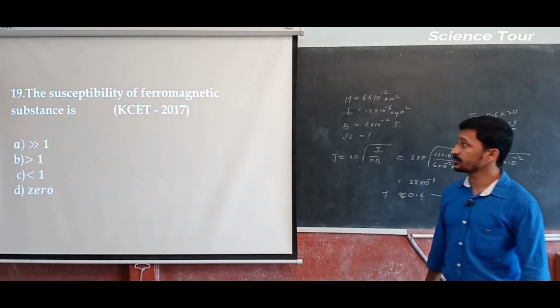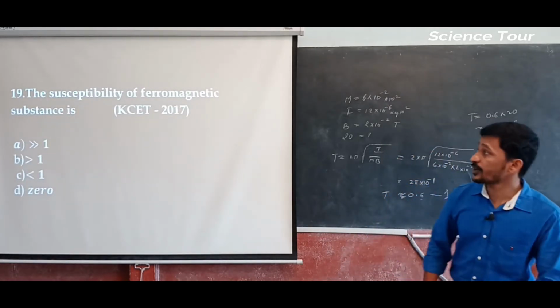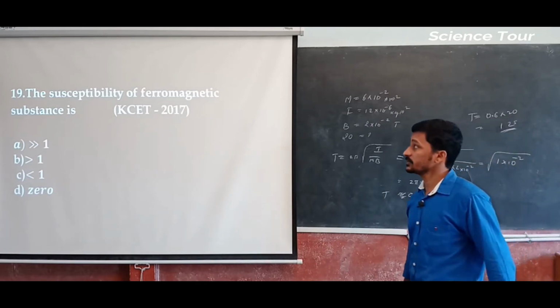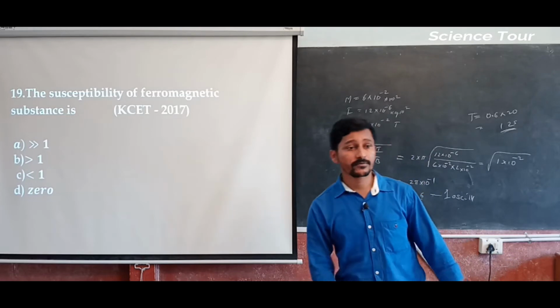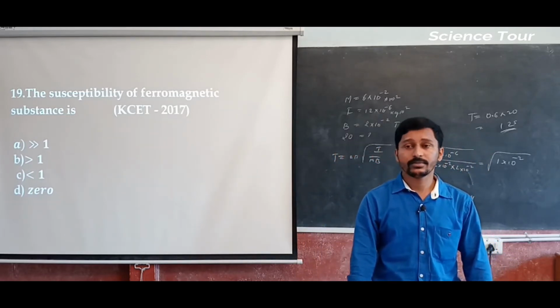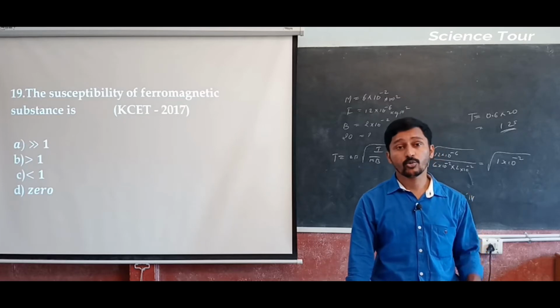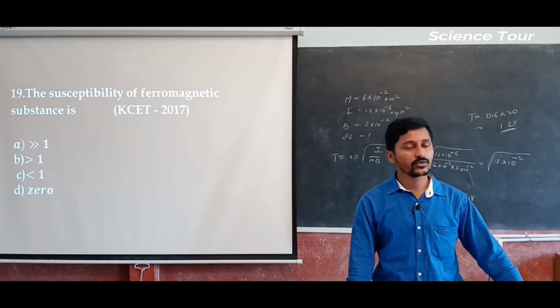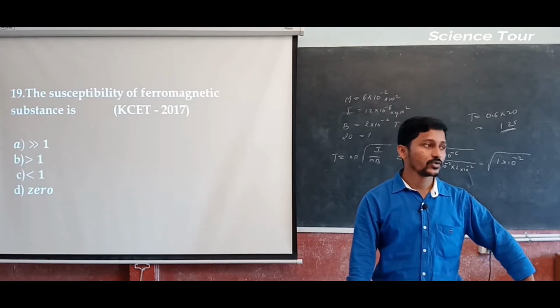The susceptibility of ferromagnetic substance. What do you mean by ferromagnetic substance, paramagnetic substance, diamagnetic substance? We know diamagnetic substances produce an opposite magnetic field, no. So the susceptibility relation also we know. So what is going to happen?